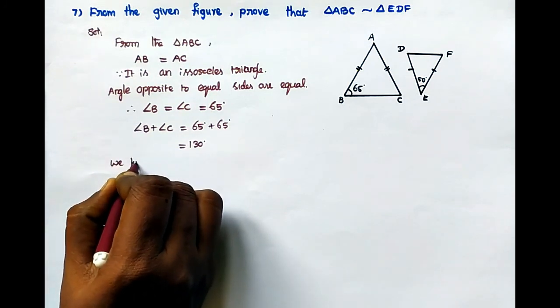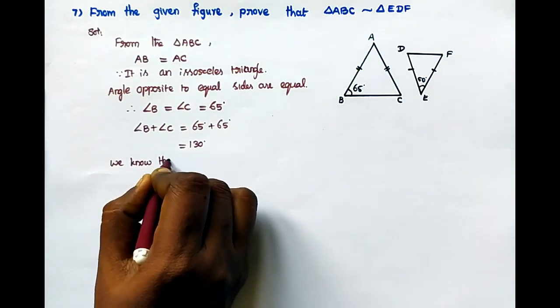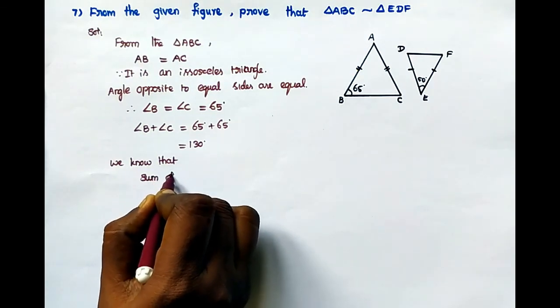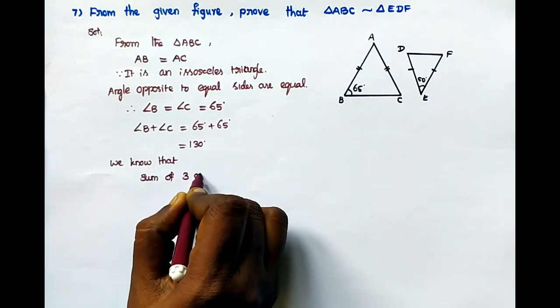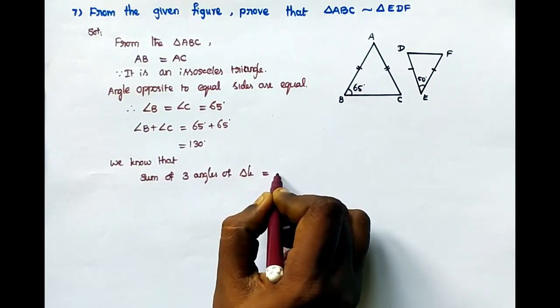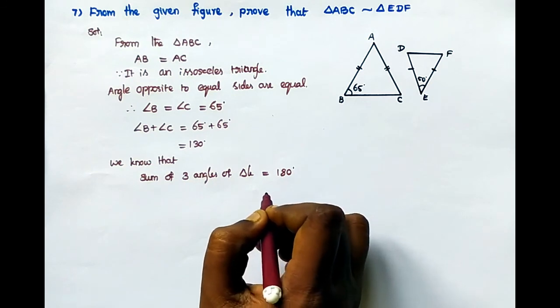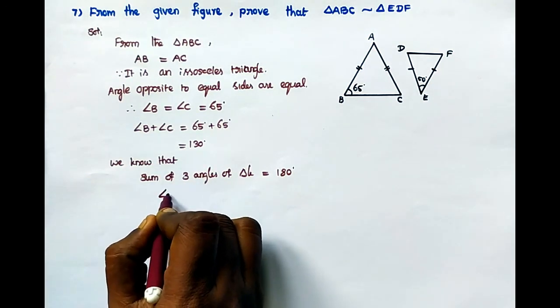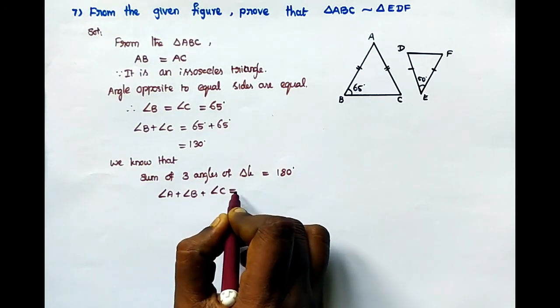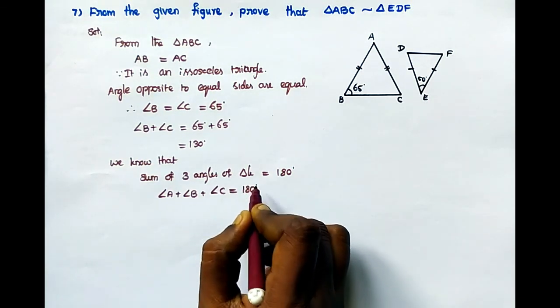We know that the sum of three angles of a triangle is equal to 180 degree. Here angle A plus angle B plus angle C equal to 180 degree.